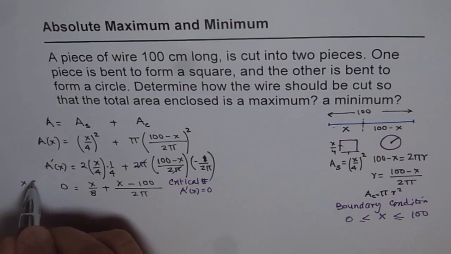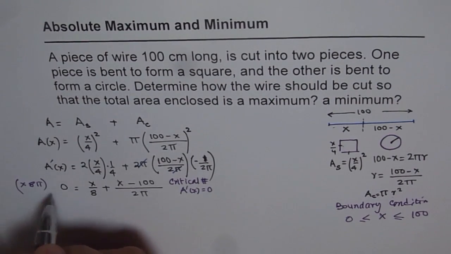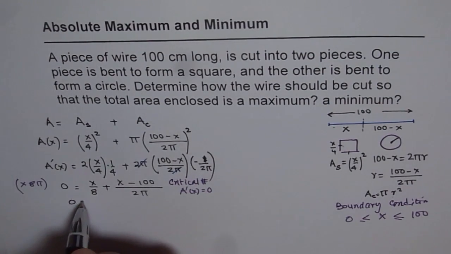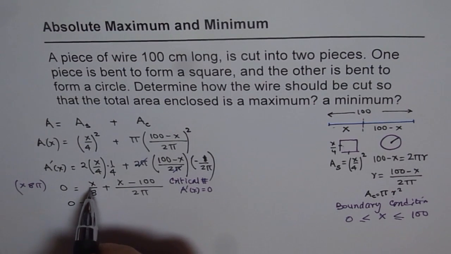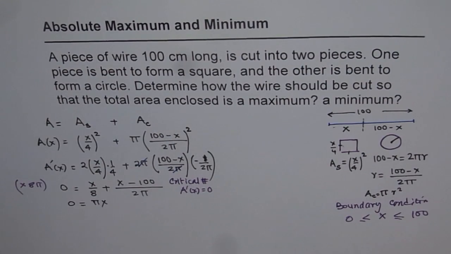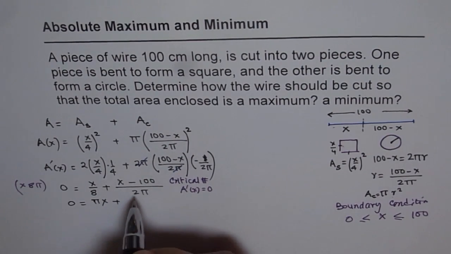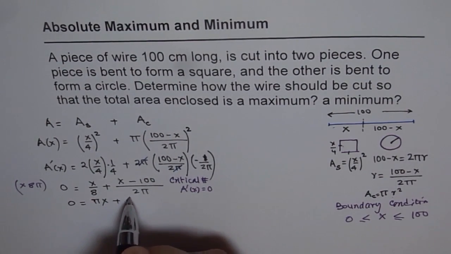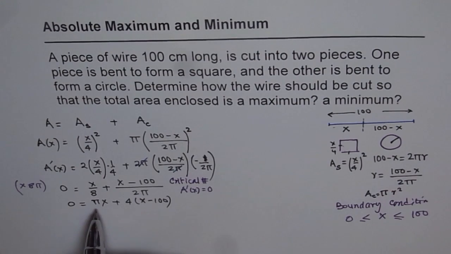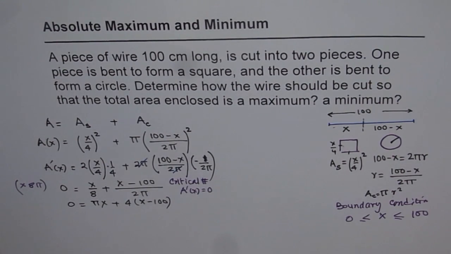So when you do this side, you still get 0 here. So you get 0 equals, when you do it by 8 pi, you get x pi, right? Let me write pi first, since pi is a constant: pi x. Now in this case, you have to multiply by 4. So you get 4 times x minus 100, correct?